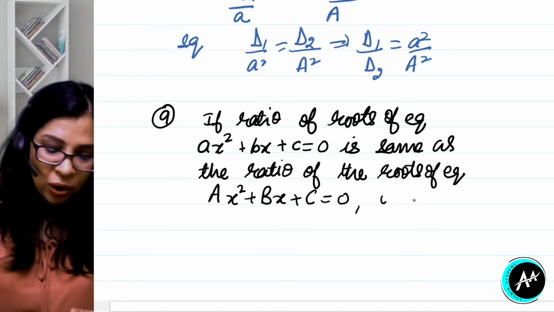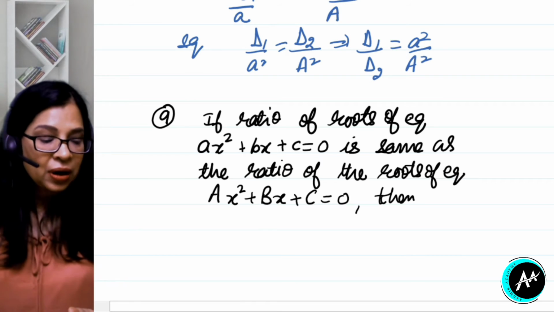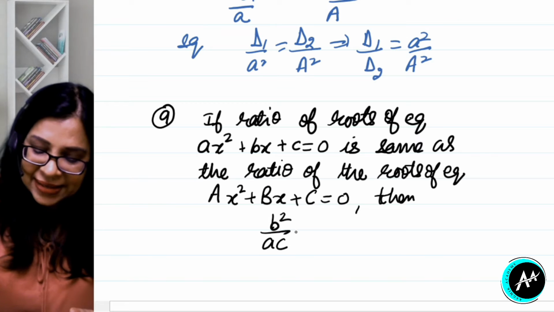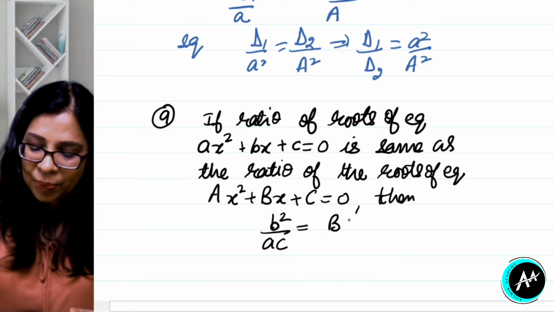Then let us see what is the result which I have. I have this result that small b square upon AC is equal to capital B square upon AC.